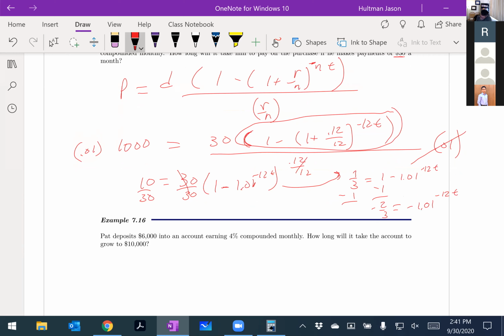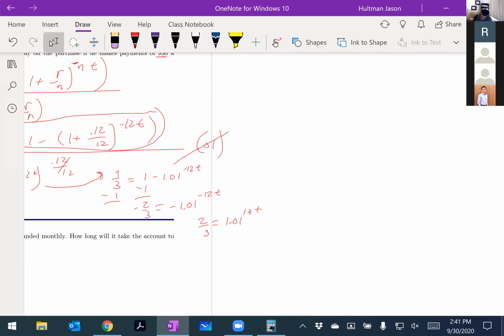I can multiply through by a negative, and that gives me 2/3 is equal to 1.01 to the 12t. So now what do we do?